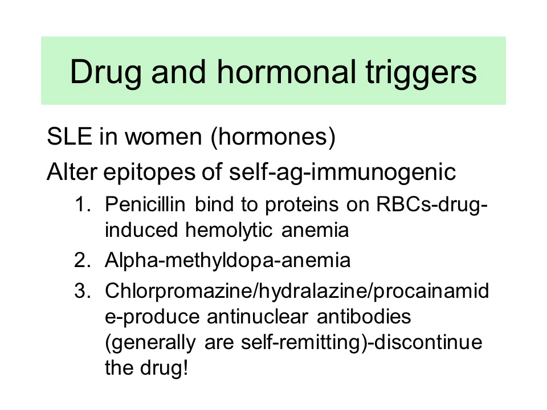Now, a couple of slides I did mention earlier. There are drugs and hormonal triggers. We saw SLE. Many other drugs will alter the epitopes of self-antigen. So this morning we were also talking about that normally they should not, but they can trigger that.